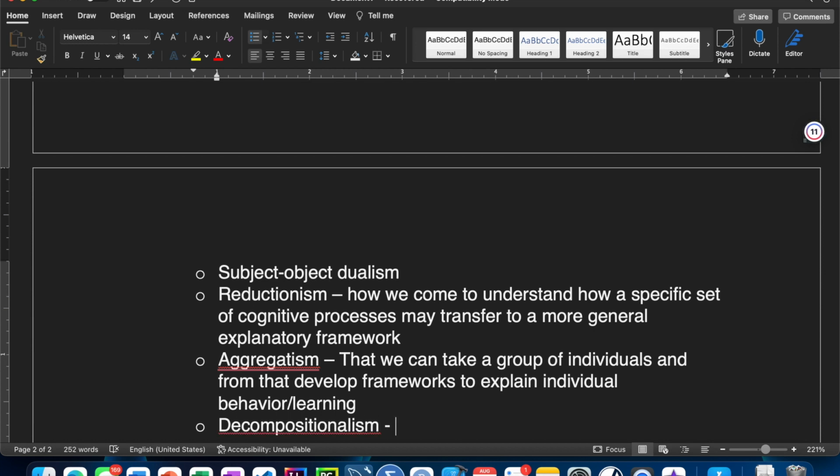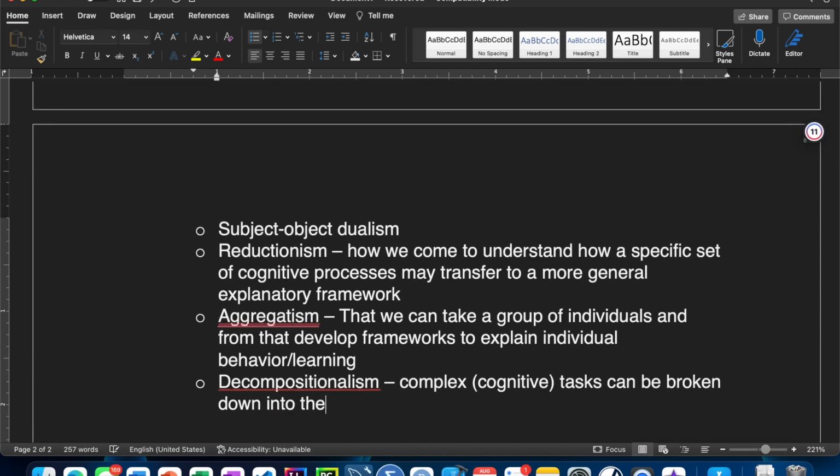The final element of most cognitivist approaches is this idea of decompositionalism, or that complex tasks, particularly complex cognitive tasks, can be broken down into their constituent parts, right?